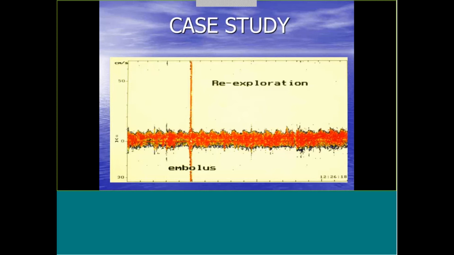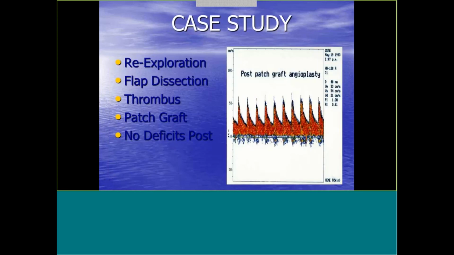So he opened back up, and sure enough, he had a huge thrombus and found the flap dissection, and he ended up putting a patch graft in there. These occur more often with primary closures and not so often with patch grafting. Because remember, with patch grafts, you make the lumen bigger, and they don't have a chance to form, okay?